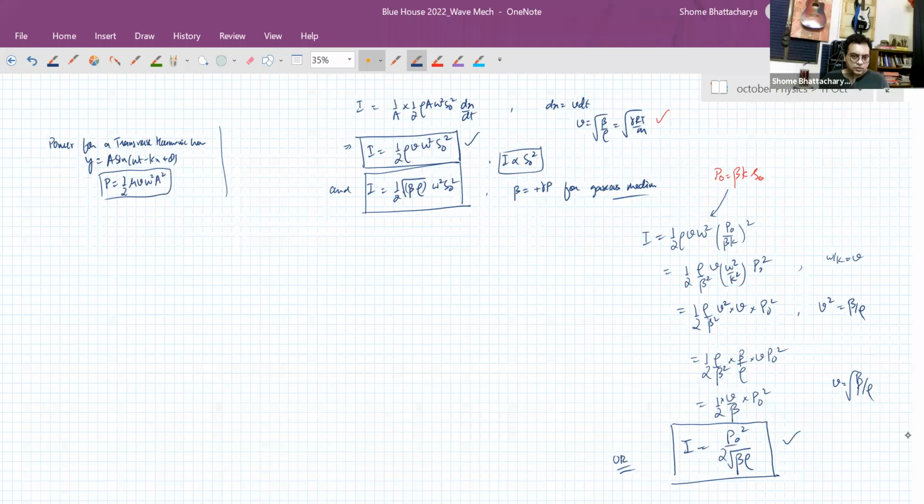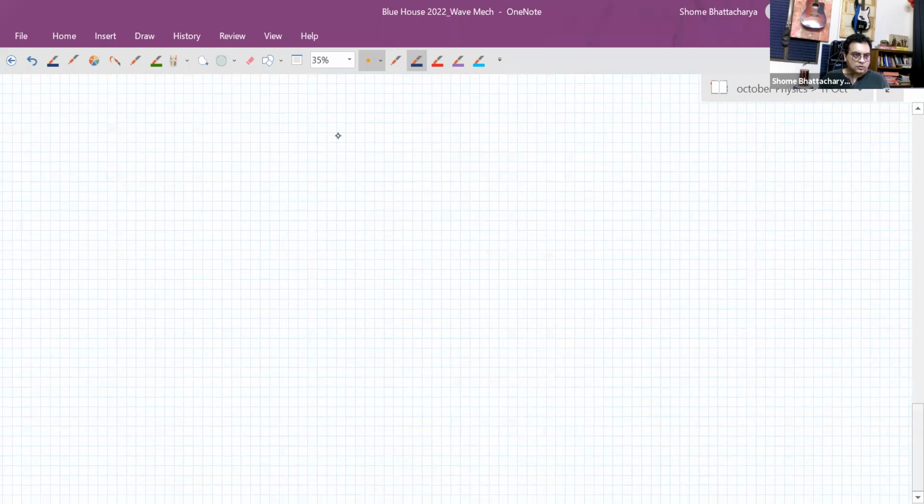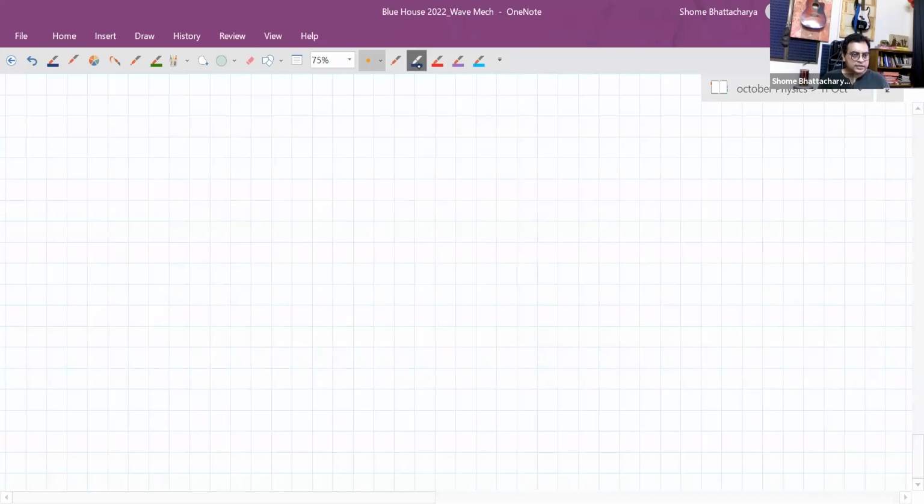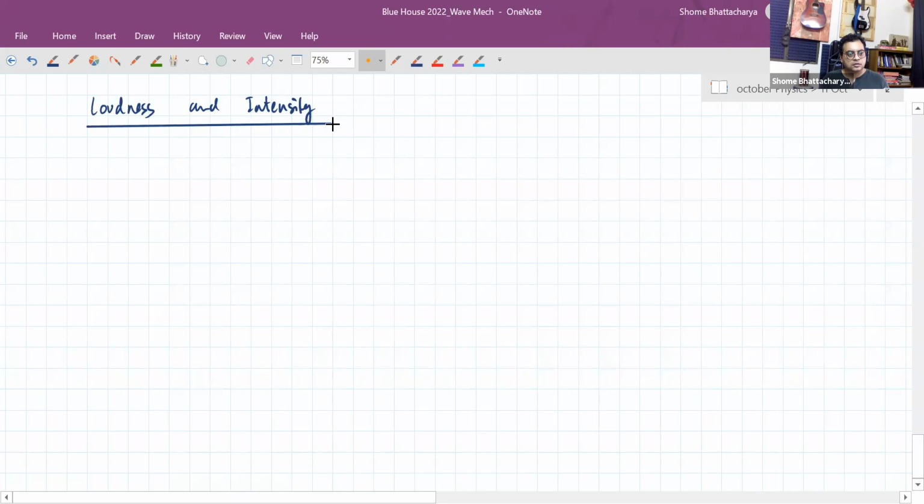Now, next we will talk about loudness and intensity. Basically, when we hear a sound, or perception of any sound, there are two things which become important: pitch, and the other is loudness.